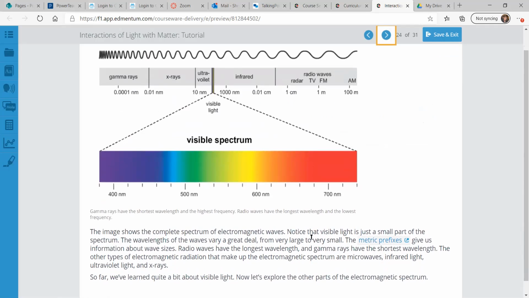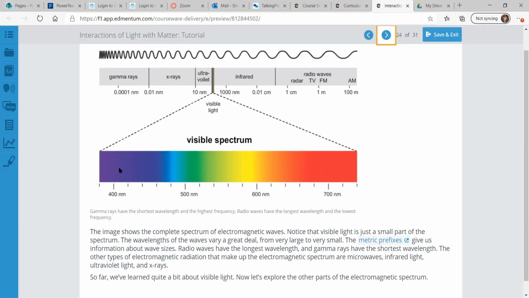Now this image shows the spectrum of electromagnetic waves. And notice all that visible light that we can see is actually just a really small part of the electromagnetic spectrum. This tiny piece, we expand that into this spectrum.